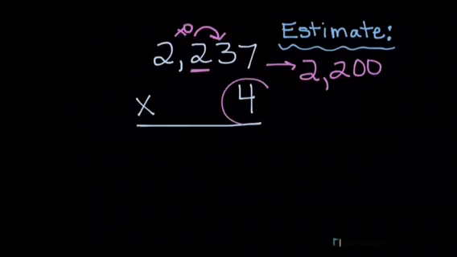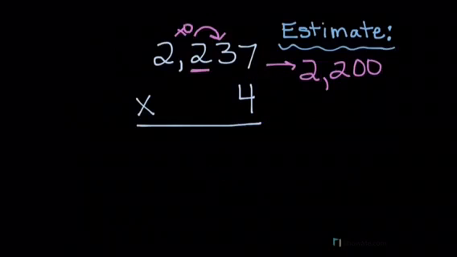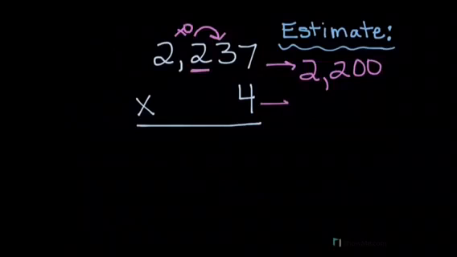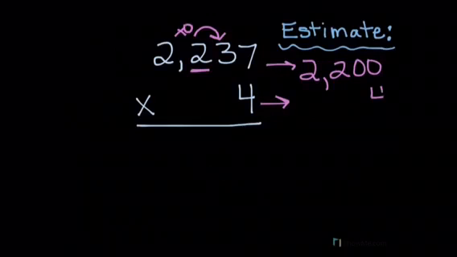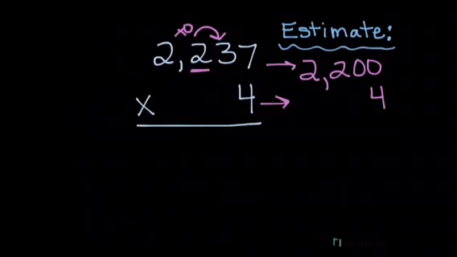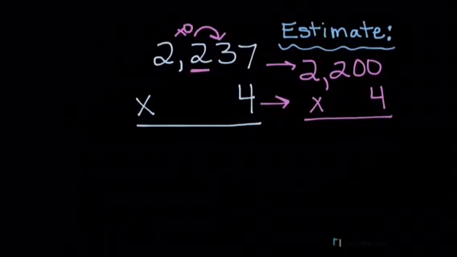And then we only have one number right here, so we don't need to round it to any place value. It's just going to stay the same as a 4. So our estimate will be 2,200 times 4.